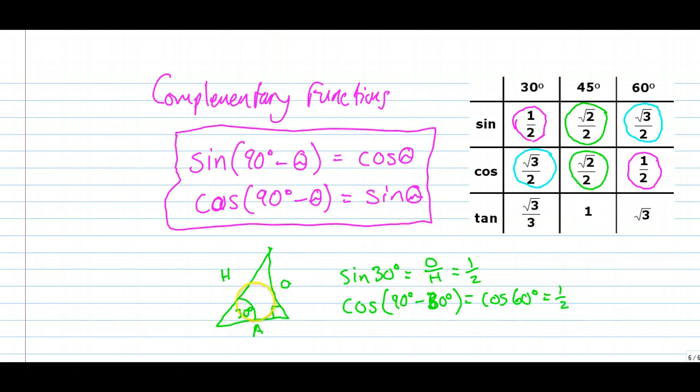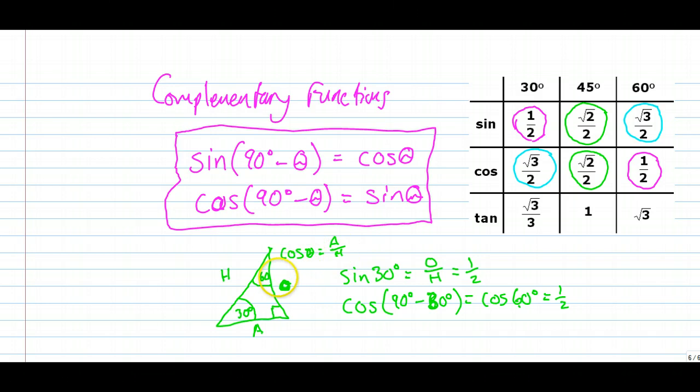But does that make sense according to the triangle? So if sine of 30 degrees equaled this opposite side over here, then if we did this other angle up here, which is 60 degrees, and we took cos of 60 degrees, then cos theta equals adjacent over hypotenuse.